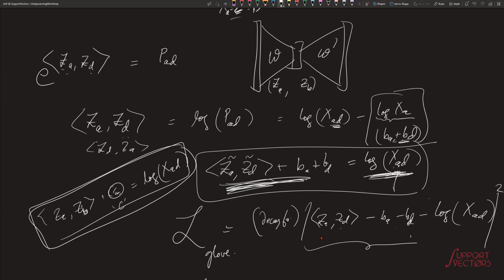We can ignore the BA, BD for brevity. Generally, those constants get learned in the learning process. Very quickly they converge. It doesn't matter, basically. That's why you call them the bias terms. You just learn them as part of the whole game. But do you notice how interesting it is?